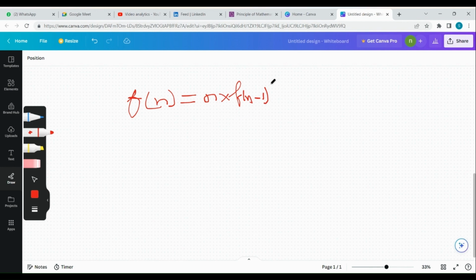Okay, so this is directly linked to PMI, the principle of mathematical induction, right? So, what is it? For any given f of n, say we need to prove that f of n is true for a given set of natural numbers.